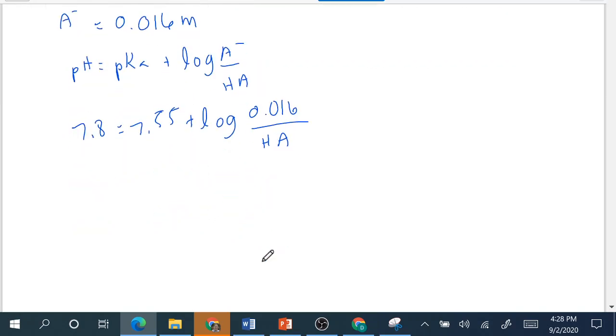To get rid of the log, we've got to raise everything to the 10 to the whatever, so we've got 10 to the 7.8 minus 7.55 is equal to 0.016 over HA.